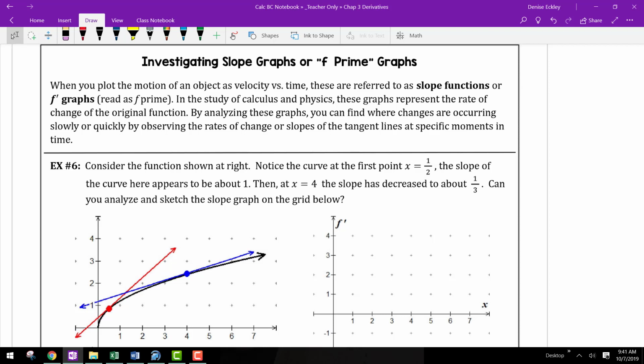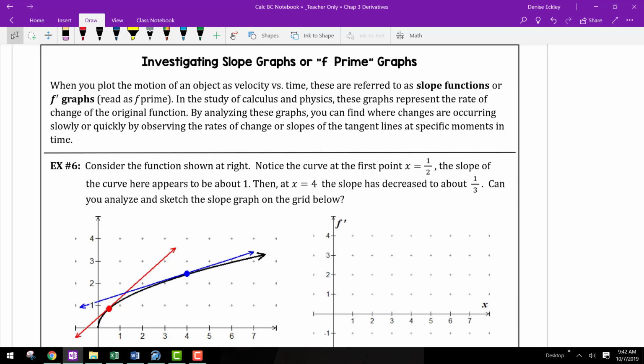Notice that at the first point, x equals 1/2, the slope of the curve here appears to be about 1, and you can double check that by doing rise over run. Then at x equals 4, the slope has decreased to about 1/3. Can you analyze and sketch the slope of the graph on the grid? So, what would this slope curve look like so you can talk about what's happening with this function?